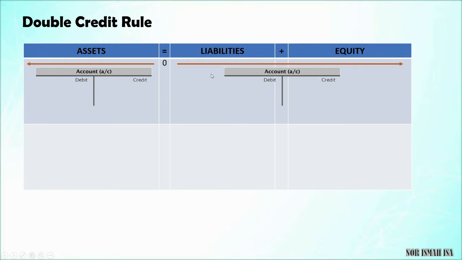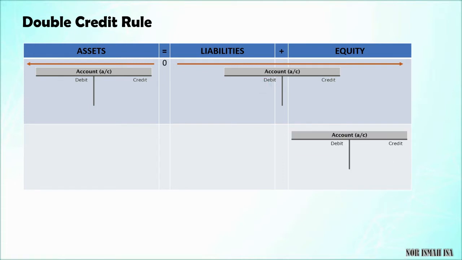Same as for the T account, the right-hand side is the credit side. Since you can see the arrow is increasing the amount, an increase in equity and liability you should record on the credit side. If the amount decreases for equity and liability, you record it on the debit side.